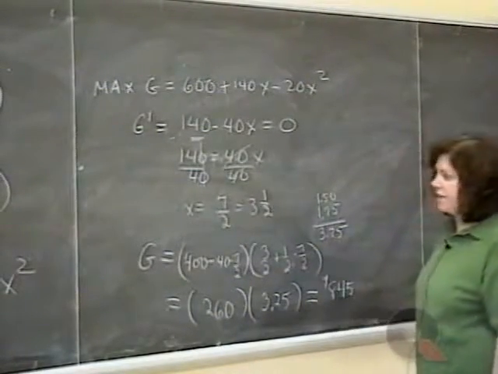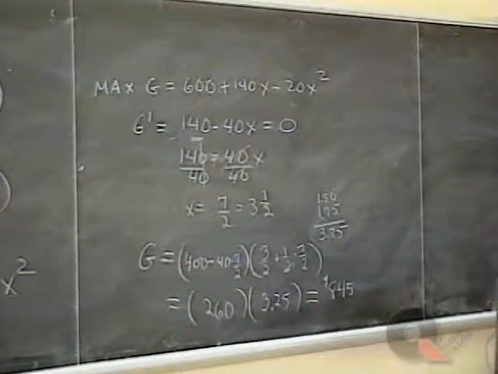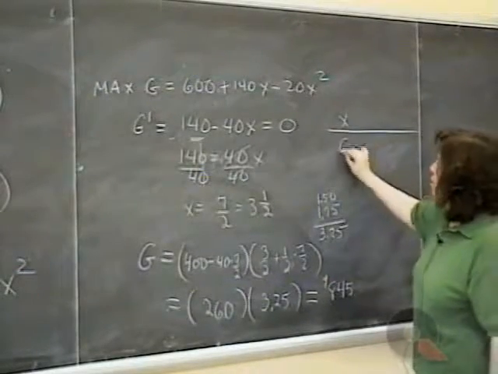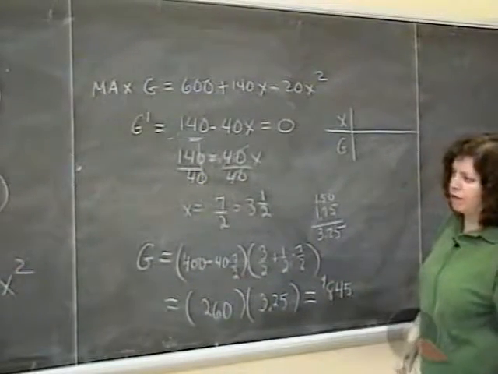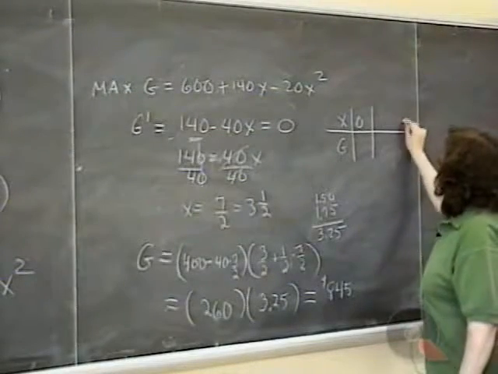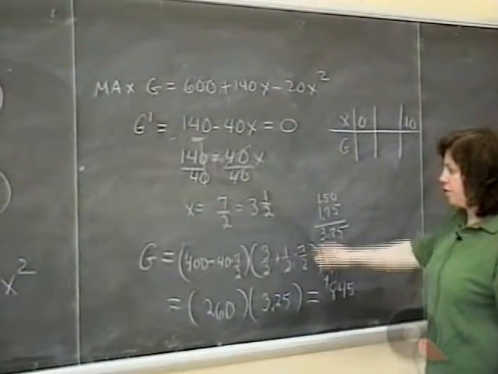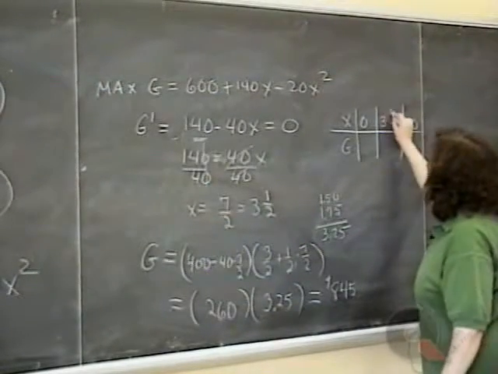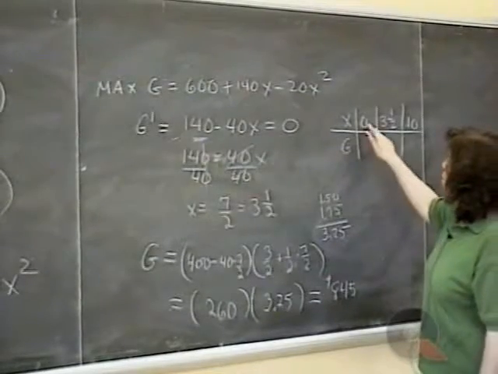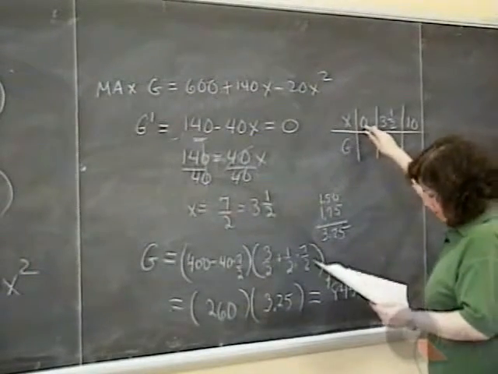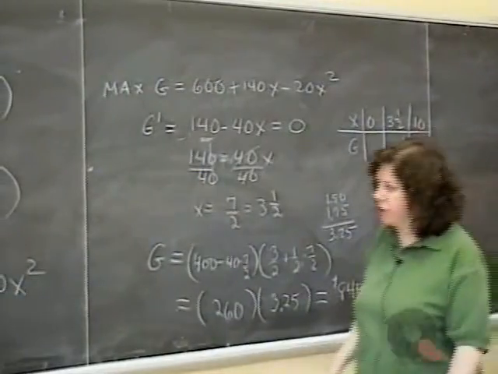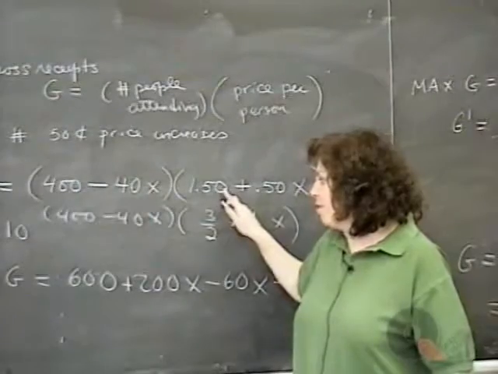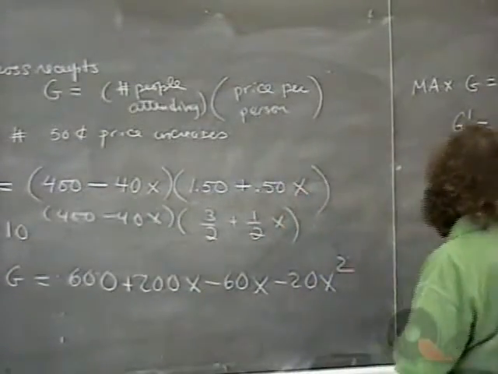Now the question is, is this the actual maximum? Well, we can make ourselves a little chart. The interval, remember, was from 0 to 10. The only critical number that we got was 7 halves, or 3.5. When x was 0, going back to the original equation, that meant 400 people at $1.50 a person. That was $600.